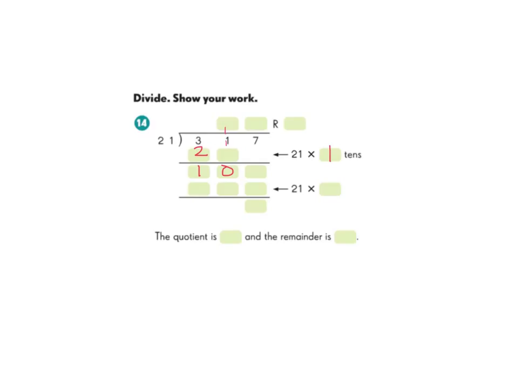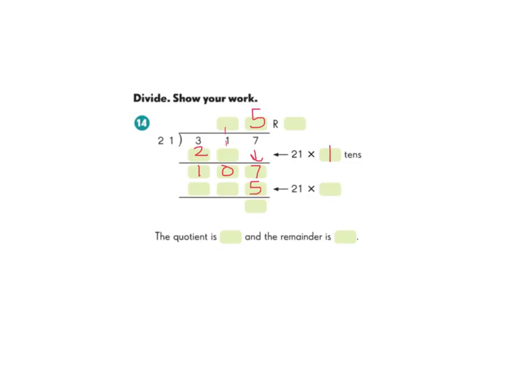Our next step is to bring down our 7 in the ones place so that we can complete our calculations. How many times will 21 fit into 107? I'm going to estimate 5 because I know that 20 will fit into 100 5 times. So this is my estimate. Let's test my logic. 5 times 1 is 5.